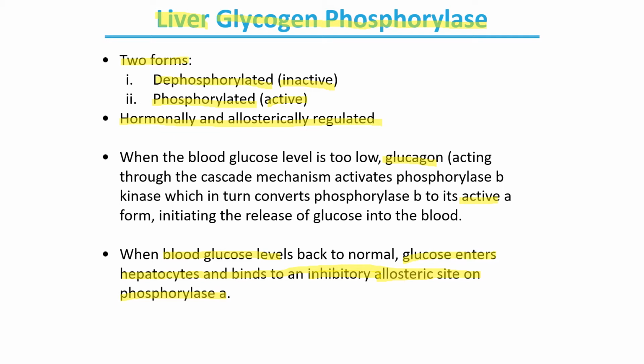So do remember, glucose is the allosteric inactivator this time of phosphorylase A in the liver, whereas in the muscles we had two allosteric activators, calcium and AMP. Here we have an allosteric inhibitor, which is glucose itself.